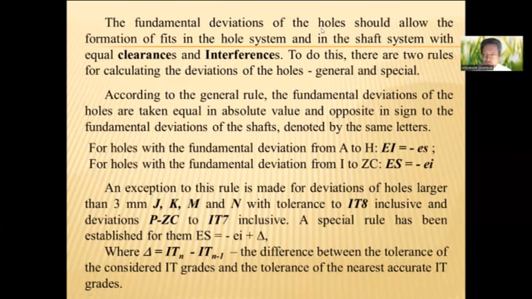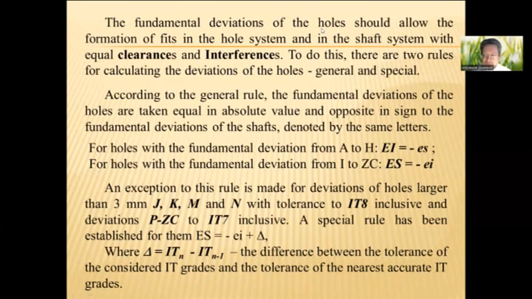A special rule has been established for them, and big ES is equal minus small ei plus delta, where delta is equal IT grade n minus IT grade n minus 1.